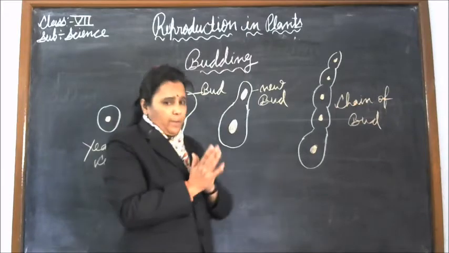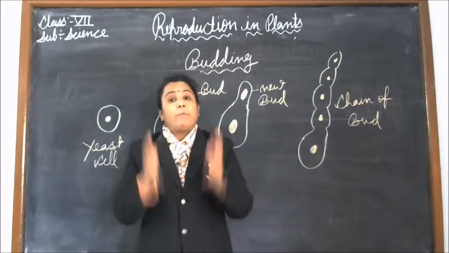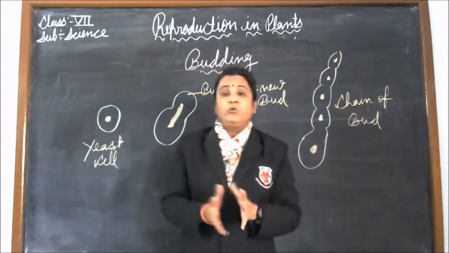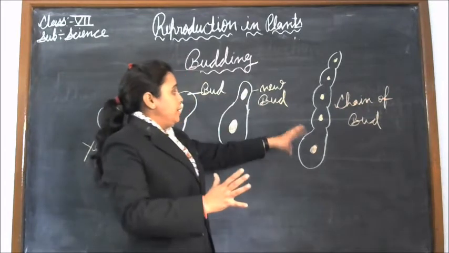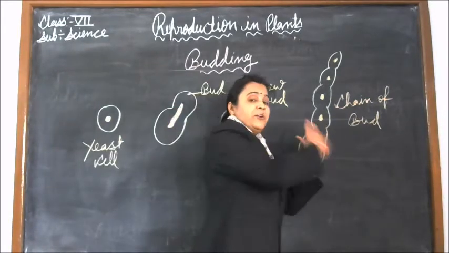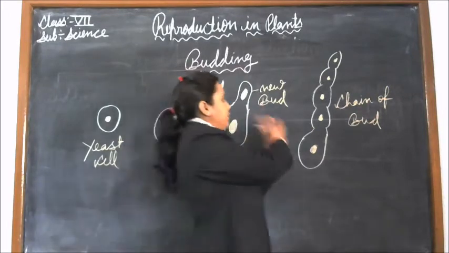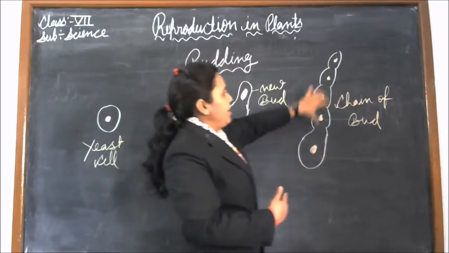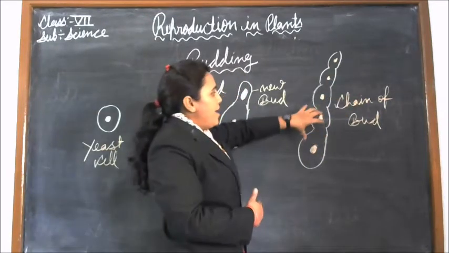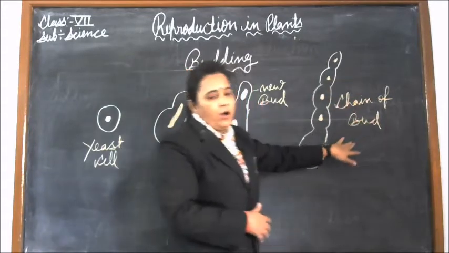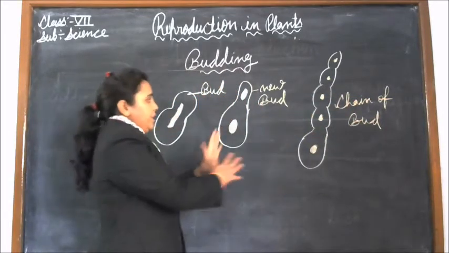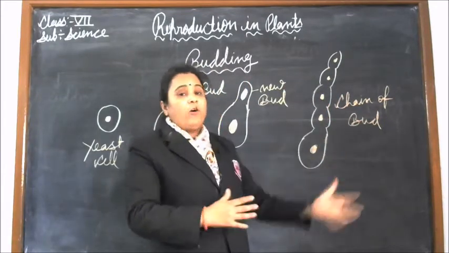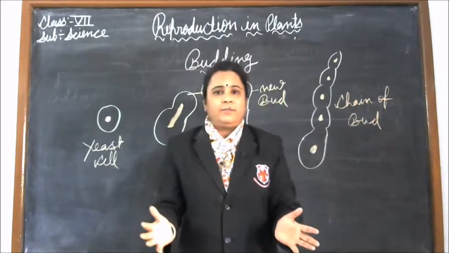If the yeast cell gets proper nutrition, the buds multiply very rapidly and form a chain-like structure of buds, and all these buds then detach from the yeast cell and form new yeast cells.